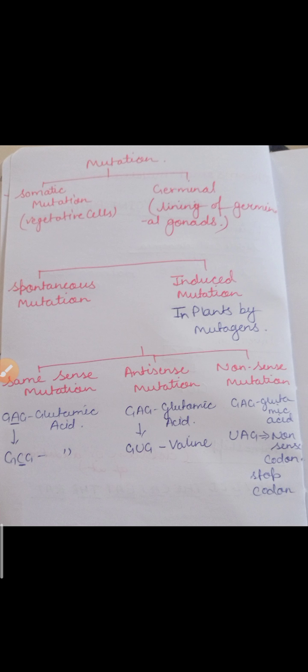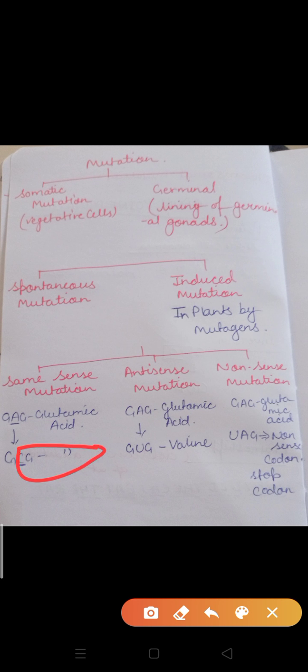If suppose a nitrogenous base is replaced by C, clear? So that time also GCG codes for glutamic acid. So same sense mutation means if any mutation takes place but the same triplet codes for same type of amino acid, that time it is known as the same sense mutation.